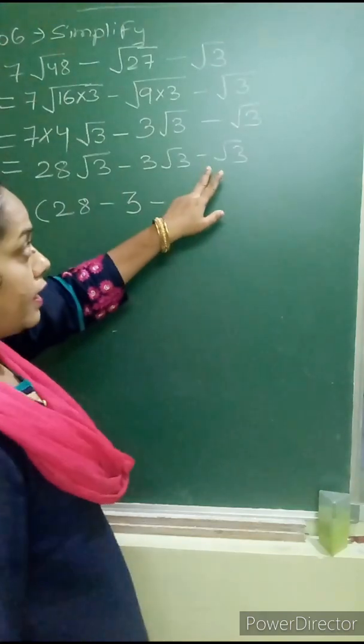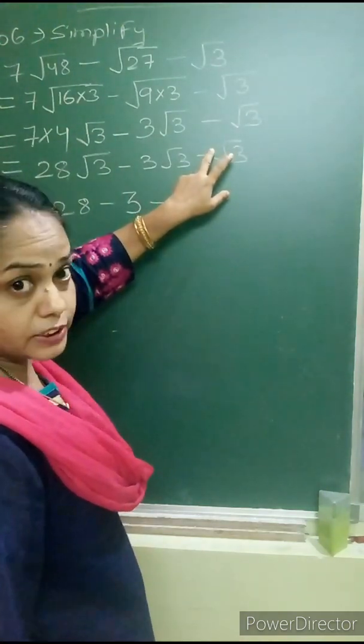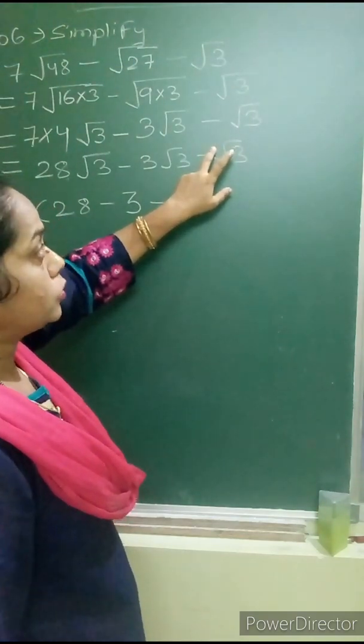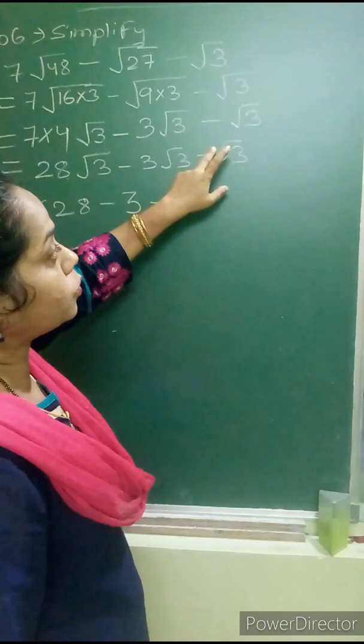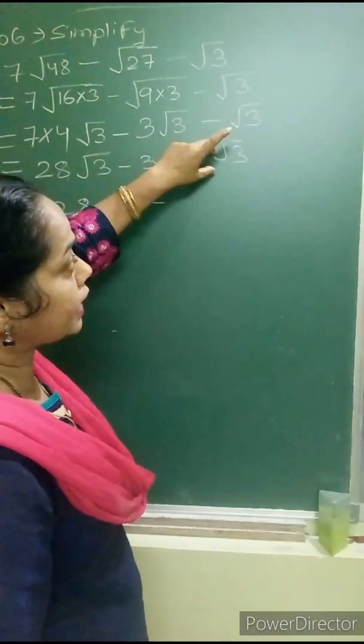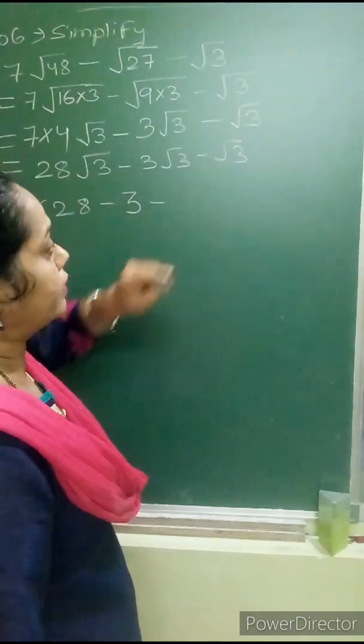Now look here, in this third, the rational coefficient is actually 1, which is invisible here. So don't consider that there is no rational coefficient here. If there is no rational coefficient outside the radical sign, consider that there is 1.